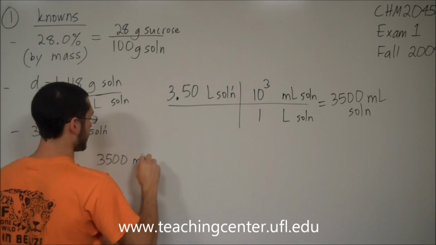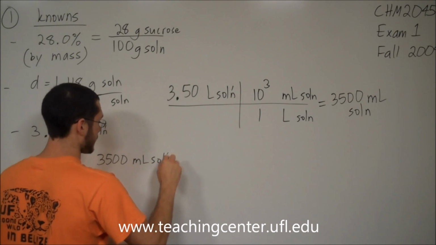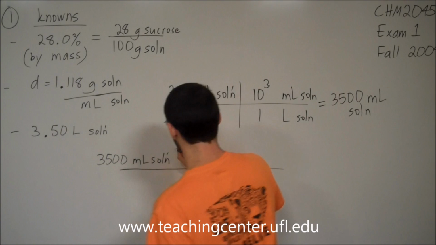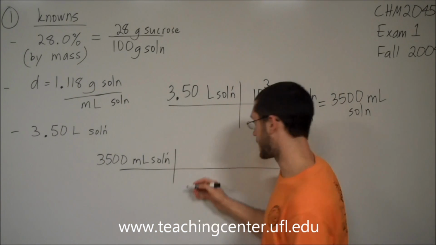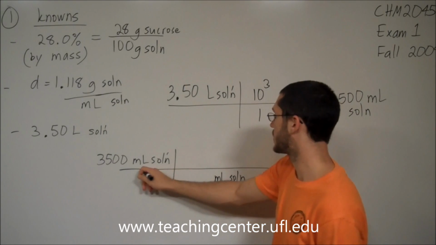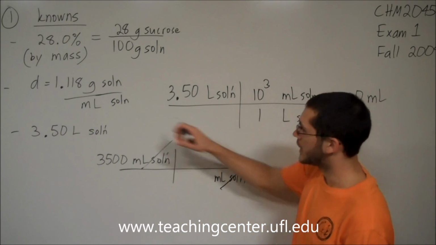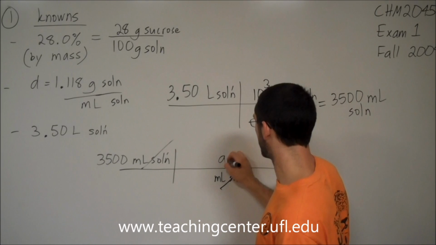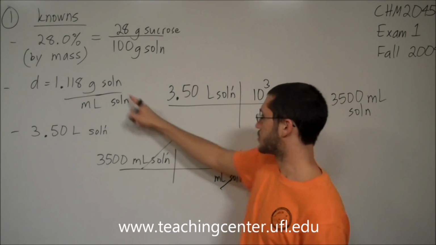Now I can take that number, 3,500 mils solution, and use this conversion factor, the density, so that my units cancel. I'm going to put grams up top because I'm using this conversion factor.